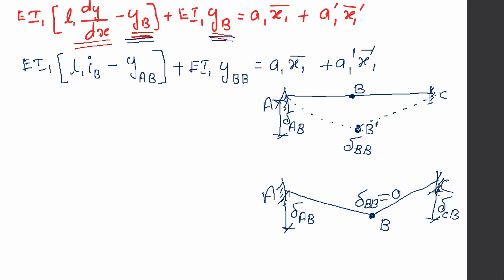So now we are considering this span AB. So our equation becomes, see this term, this YBB becomes 0.